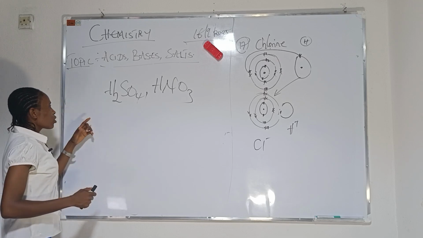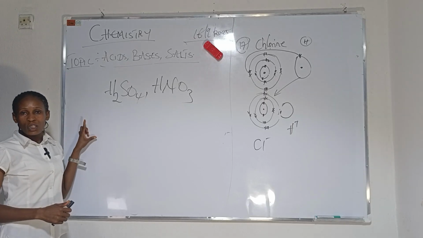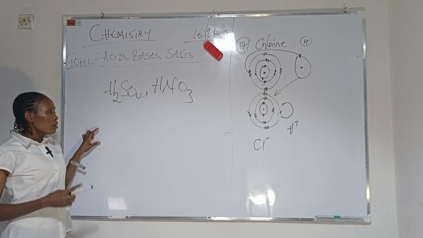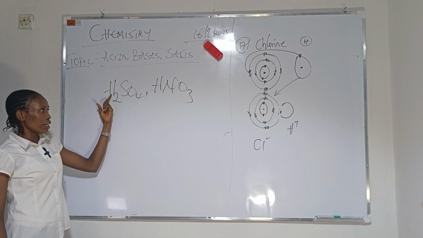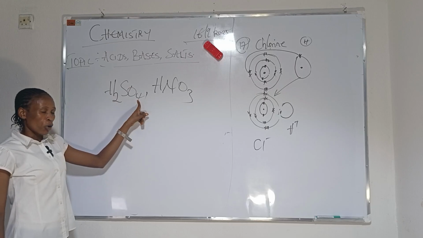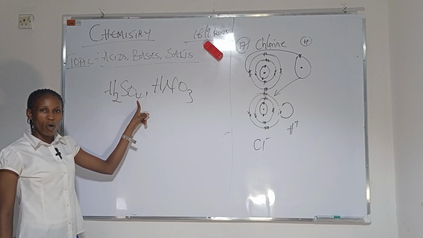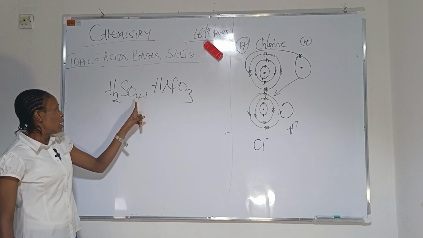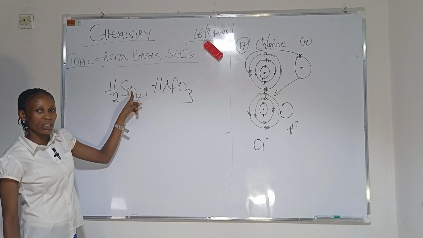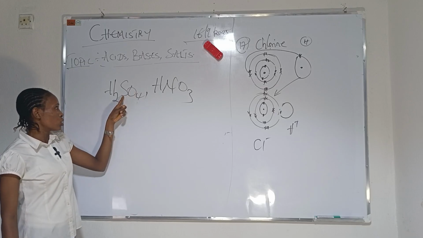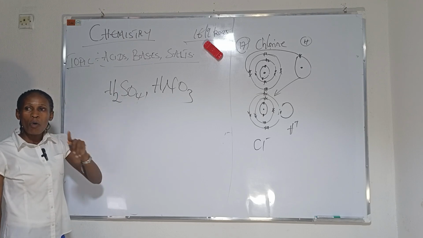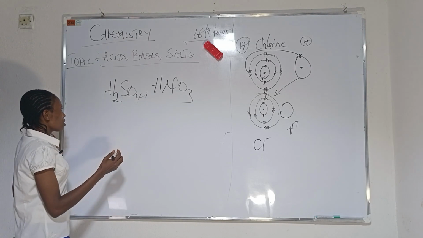Okay, for us to name our compound, there are things we take into consideration. Look at it. I have hydrogen here. After my hydrogen, I take the number there, which is 4, as tetra. Oxygen is no longer called oxygen; rather, I refer to it as oxo. And this is sulfur, which I now regard as sulfate.